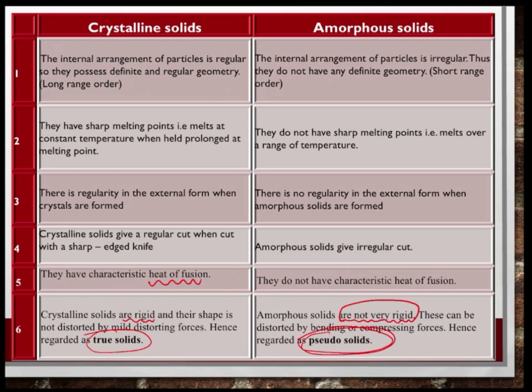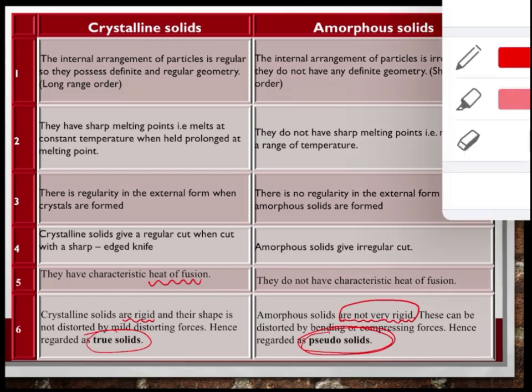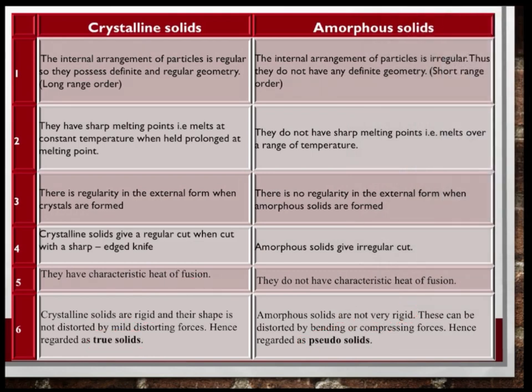Pseudo का मतलब तो हम सब जानते हैं false solid. So this is the reason that amorphous solids, they are named as pseudo solids, or sometimes they are also called as super cooled liquids. Yes.